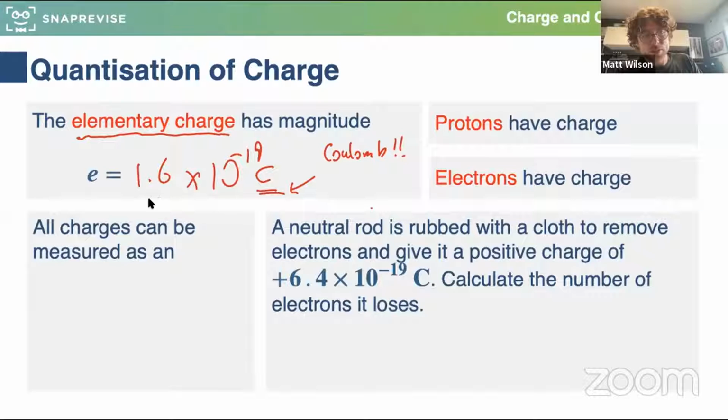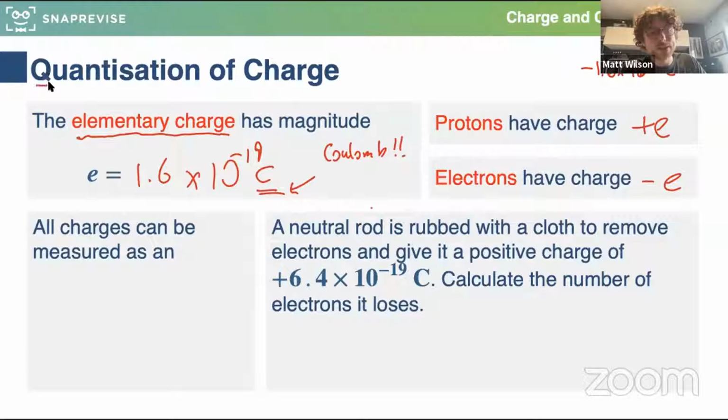If we call this number 1.6 times 10 to the minus 19 e, then protons have a charge of plus e. In other words, they have a charge of 1.6 times 10 to the minus 19 coulombs. Electrons, however, are negative, and this is where that negative turns up as an actual mathematical concept. Electrons have a charge minus e, in other words, minus 1.6 times 10 to the minus 19 coulombs.